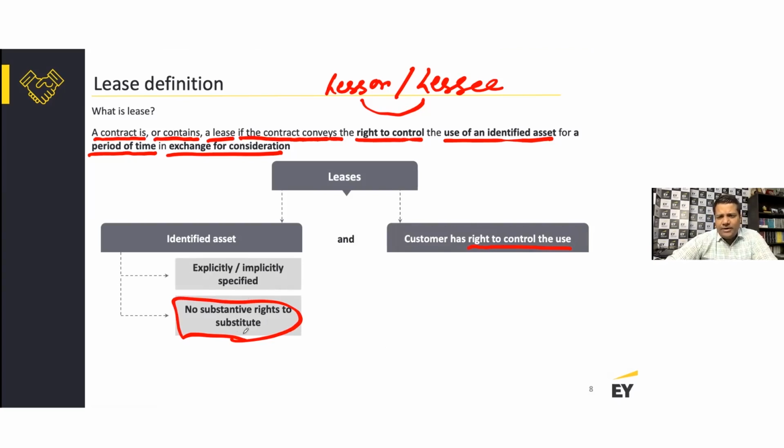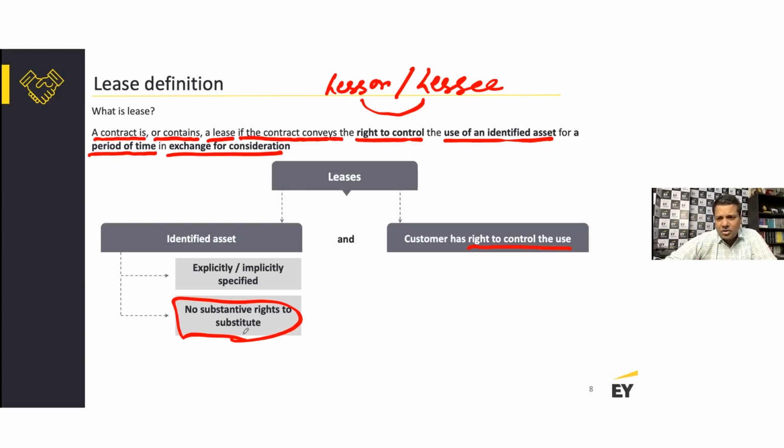If you have taken a taxi on hire, and the taxi driver or the agency can send, let's say today, a Maruti Suzuki Dzire, XYZ, and tomorrow ABC, same Dzire but with a different registration number or chassis number and so on, that means they have a right to substitute the asset.